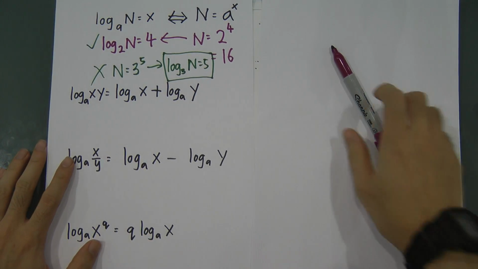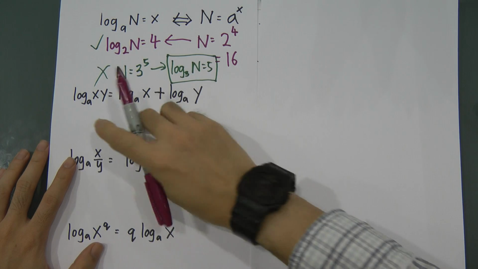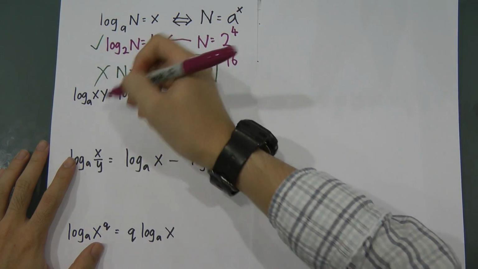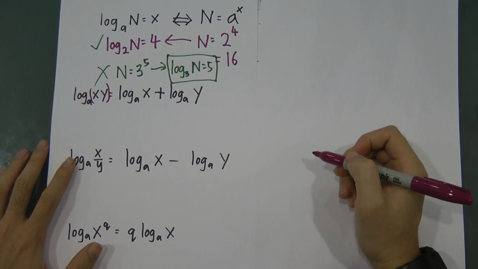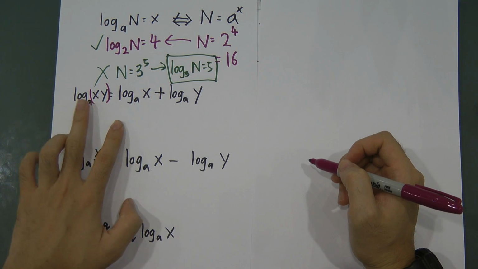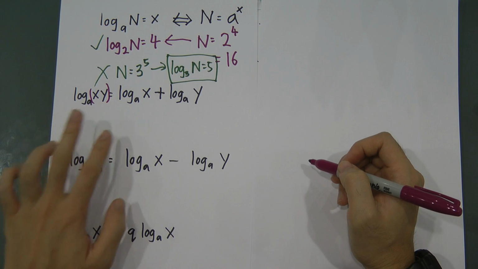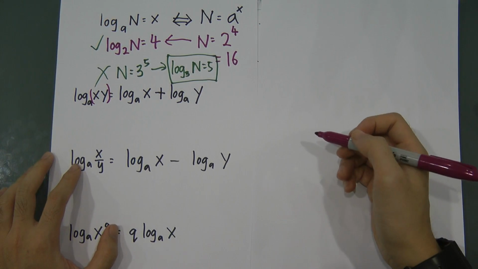Then we come to this one. When you've got log a of xy, I always recommend my students to put brackets around xy to make everything simple, because when we see the bracket, we know it's log a of x multiplied by y.